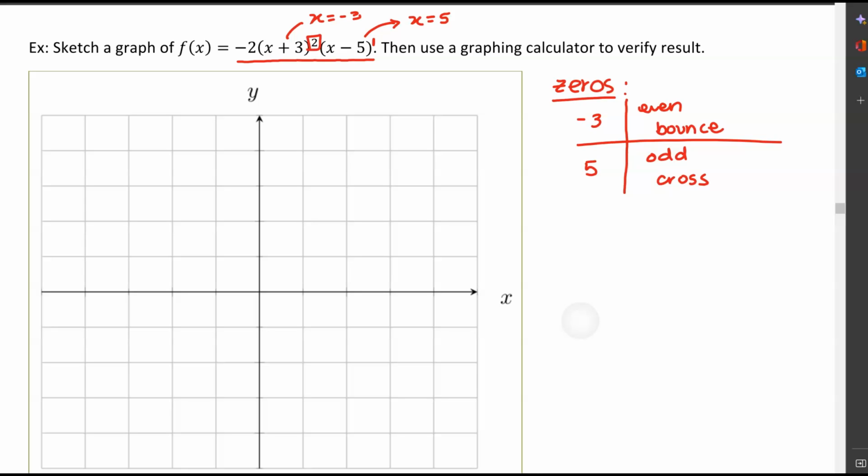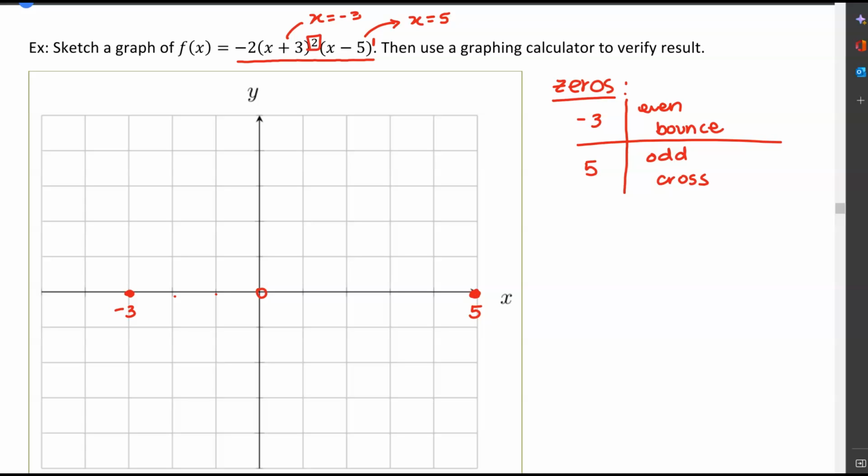So let's come over here and go ahead and plot these points. We're going to have one at +5, so here's 1, 2, 3, 4, 5. Here's our 0, and then we have one at -3, so 1, 2, 3. So at -3 we are going to be bouncing.